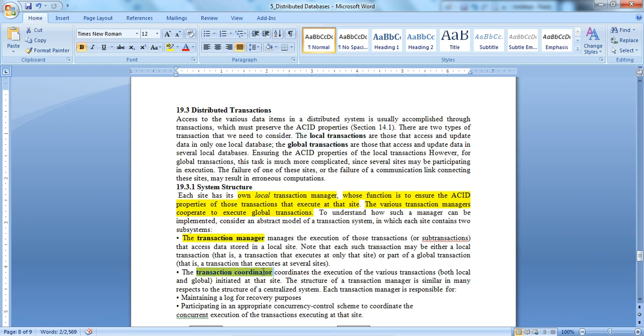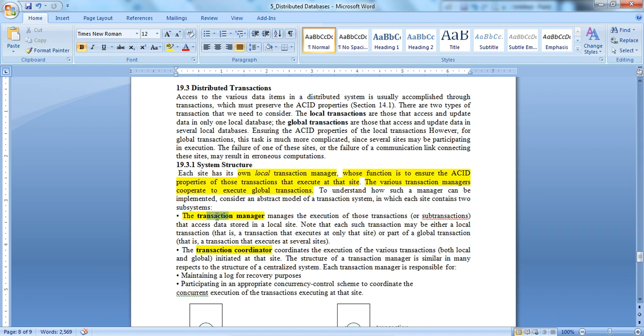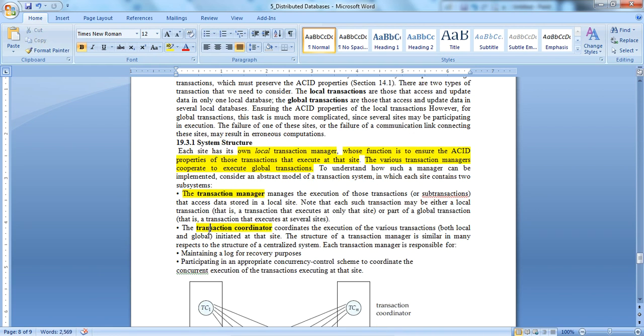Now the transaction coordinator: when multiple transactions execute, we need to coordinate them. That is done by the transaction coordinator. It coordinates the execution of the various transactions, both local and global, initiated at that site. The structure of the transaction manager is similar in many respects to the structure of a centralized system.